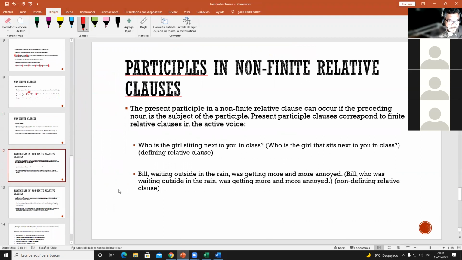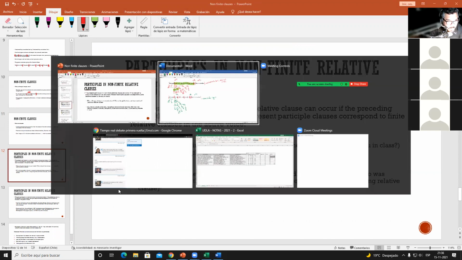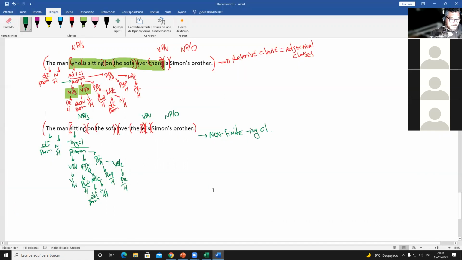Participles in non-finite relative clauses. Okay, I added this information because I think it's important that you know it. The thing is this, there's a word called participle, really, really famous all around grammar. A participle is a verb which can be both ing or ed, and it can be used at least in two different forms.